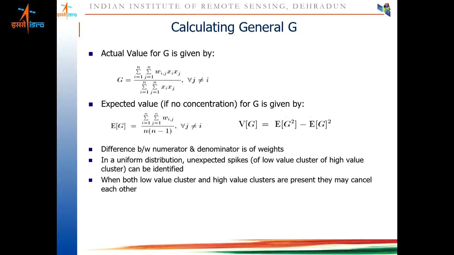This can be used to find out if there is any kind of cluster present in your data, and if it is present, whether it is a cluster of low values or high values. This way the general G can help you get information from the data. There is a drawback: if a low value cluster is there and a high value cluster is also there, they may cancel out each other and you will get that there is no cluster present in the data.